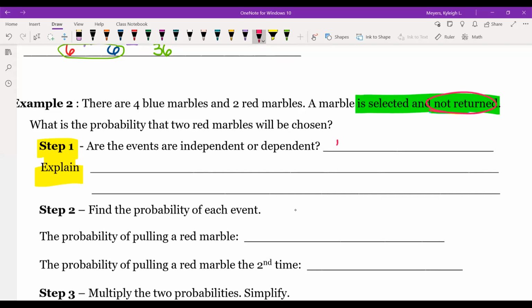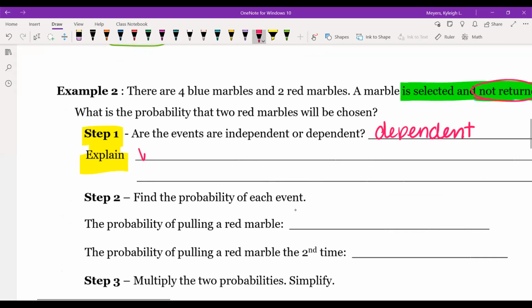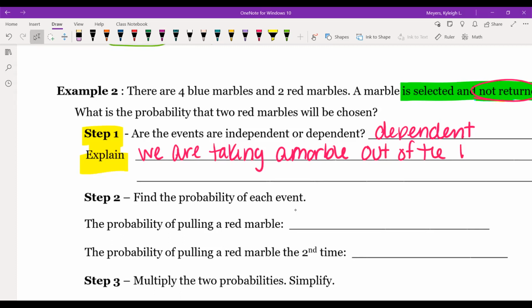So that means it's dependent, because we are taking a marble out of the bag and not putting it back.